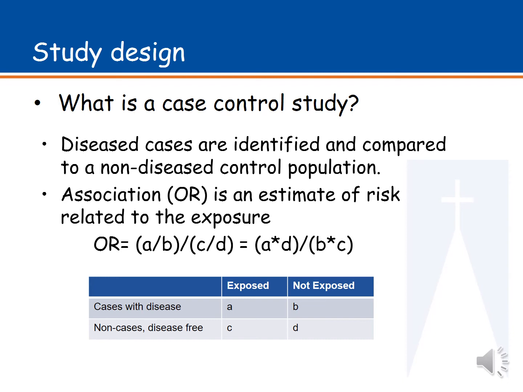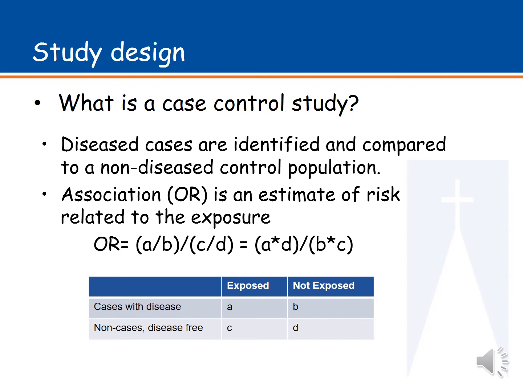So the association is measured using what we call an odds ratio. That is an estimate of risk that is actually what we call an exposure odds ratio. It's looking at how likely is it that the cases are exposed.